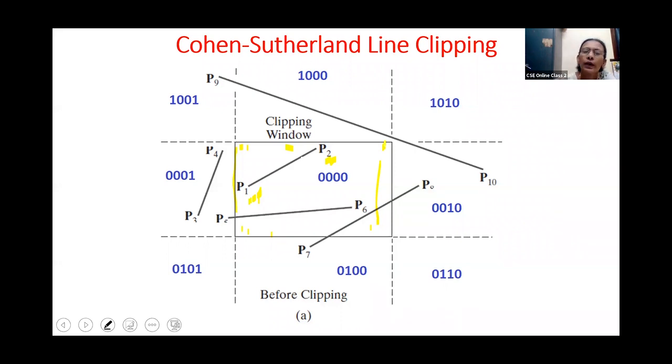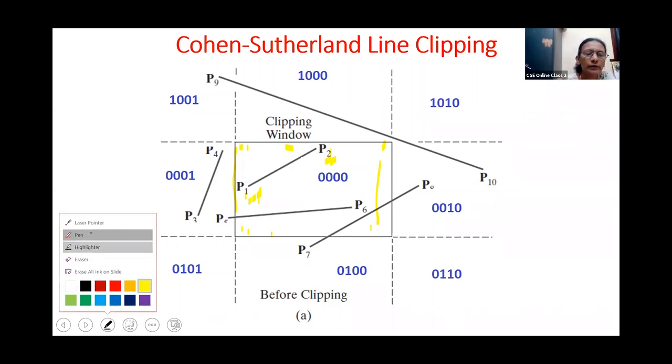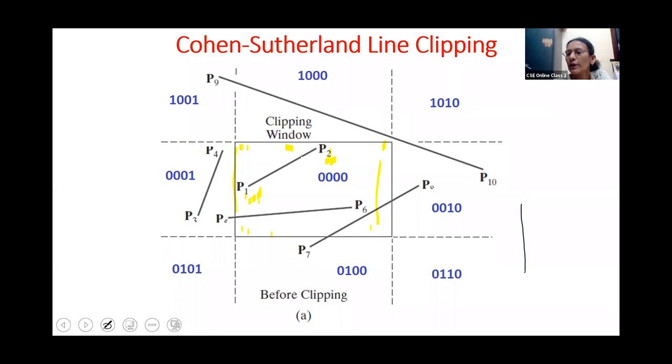So for the line to be visible, if both the end codes are 0, 0, 0, 0, then the line is completely visible, and in our output window the entire line would be visible. That is, we have to draw P1, P2 completely.